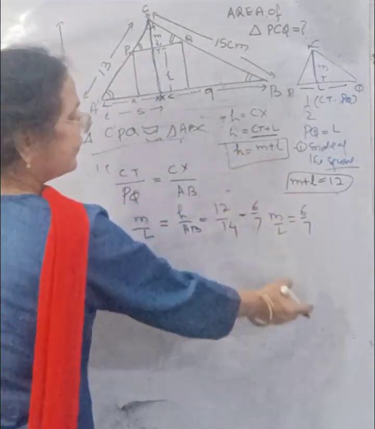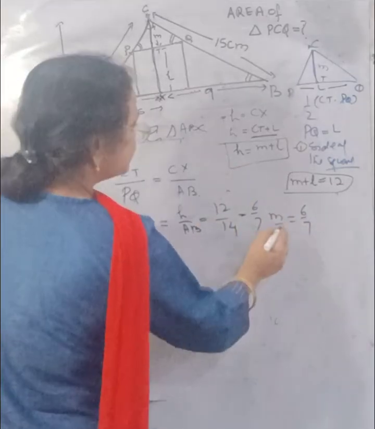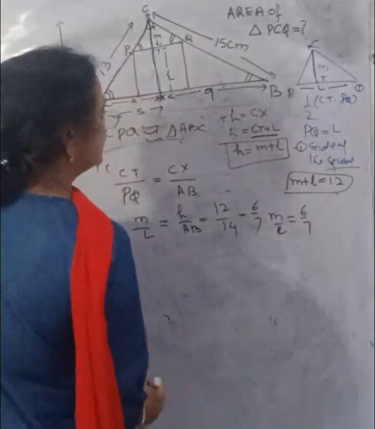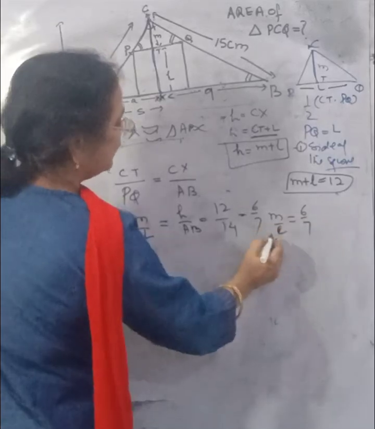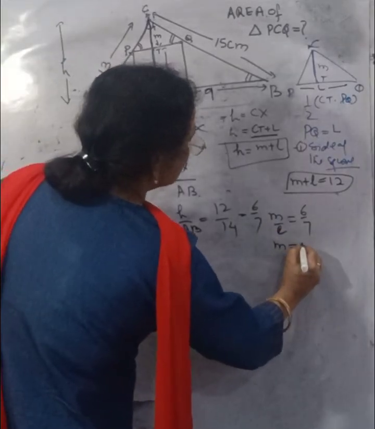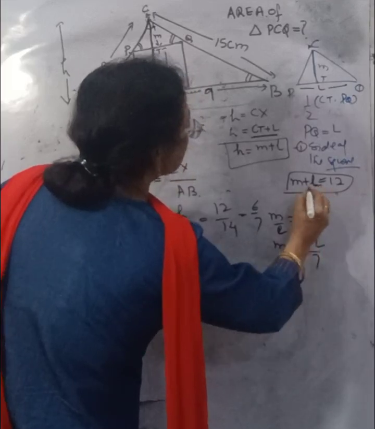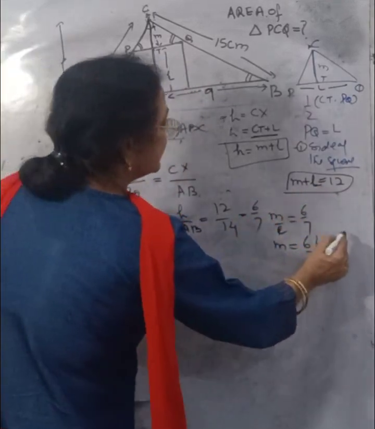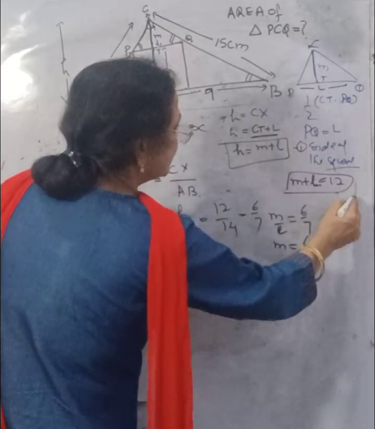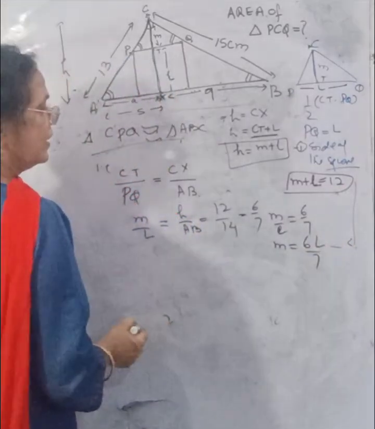Now we can find the value of L and M individually. In place of M, we can write 6 times L upon 7. These are the two important equations.